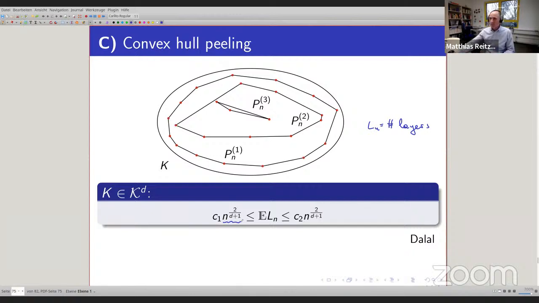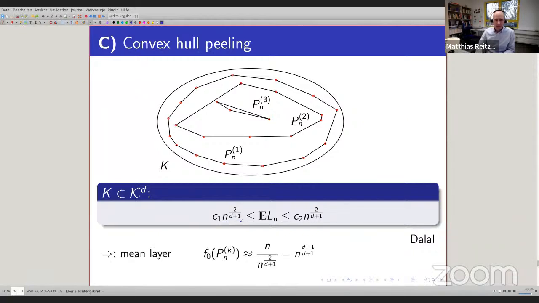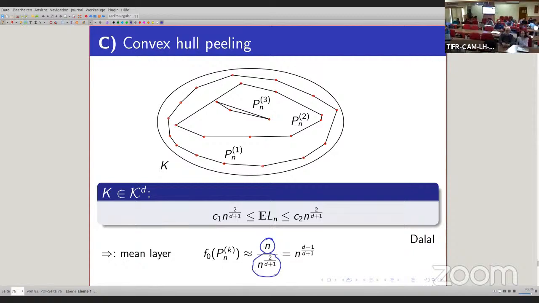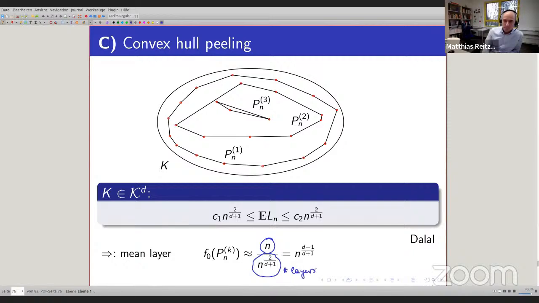And now a simple approach would be, so you have n points in all. You have n to the power 2 over d plus 1 layers. These are all the points. So many random points are there. And so in the mean, you would expect n divided by n to the power 2 over d plus 1 points in each layer.